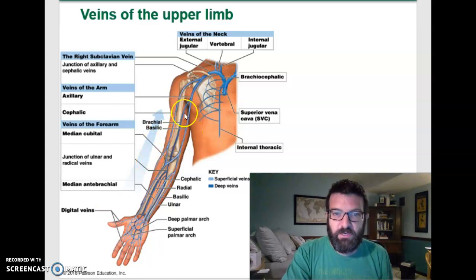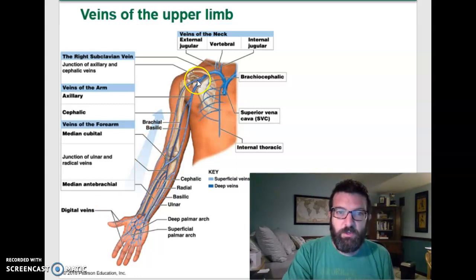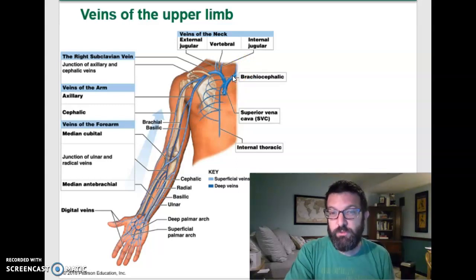Now, all of this comes together ultimately into your right subclavian vein, which again will join with your internal and external jugular veins to form your brachiocephalic vein, arm head, which dumps into your superior vena cava when it joins with your left brachiocephalic vein. And yes, you don't have a left brachiocephalic artery, but you do have a left brachiocephalic vein. They come together on both sides in the case of veins. And the superior vena cava dumps into the right atrium of the heart.